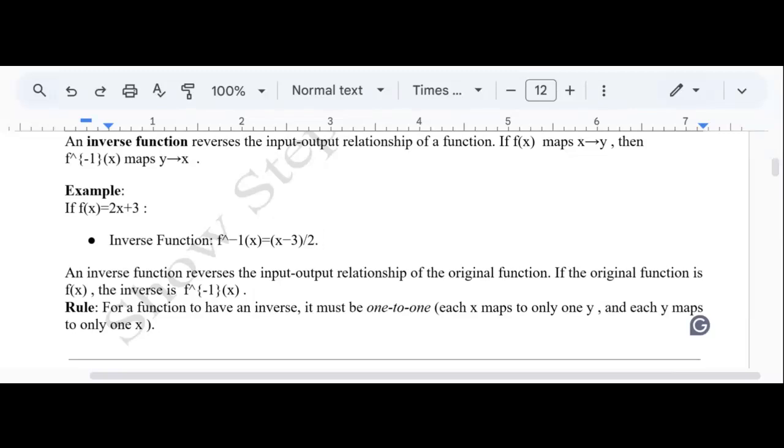They give you f and they give you g, and they ask, is g the inverse of f? Then you have to take g and do something with it, with f, and if the result equals x, that means g is the inverse of f. So we have more than 2 cases.